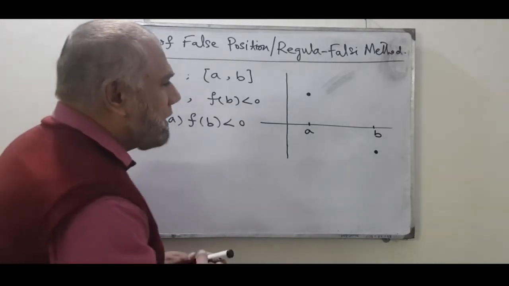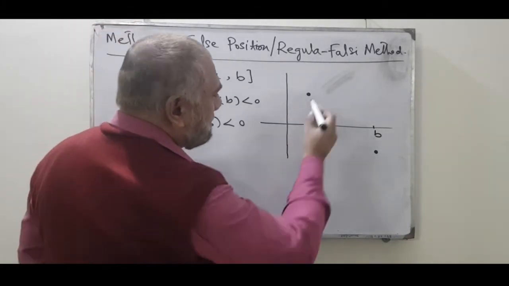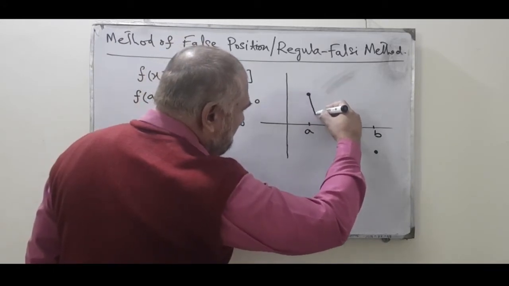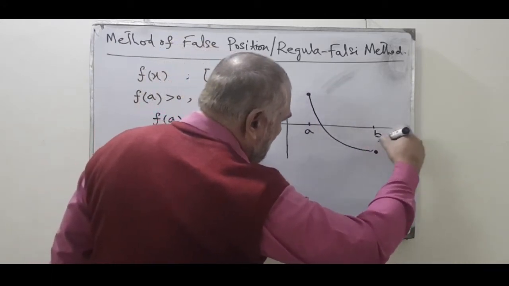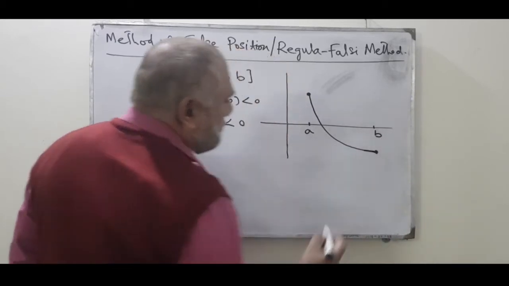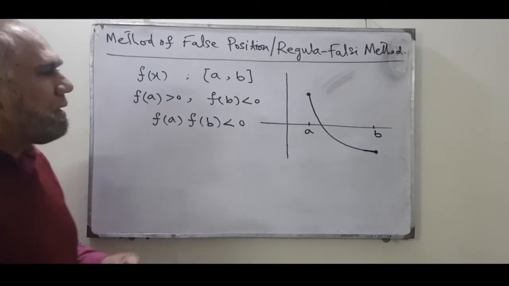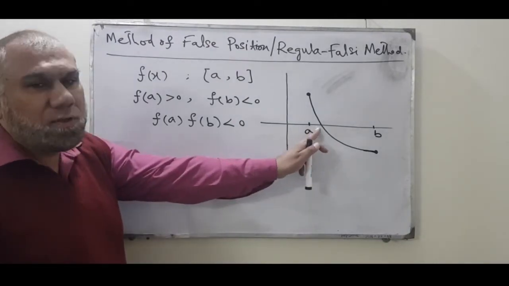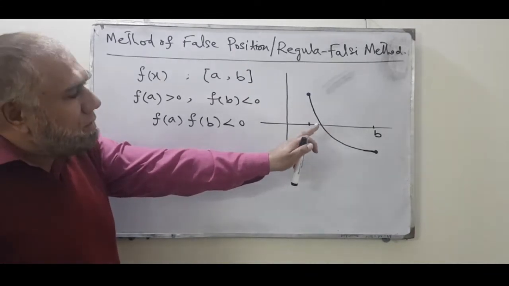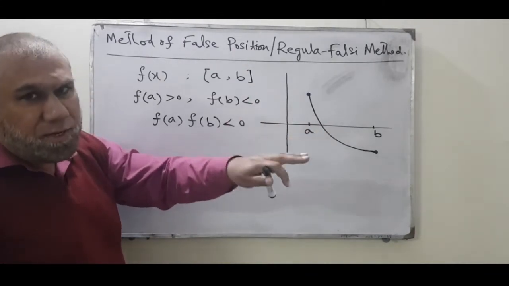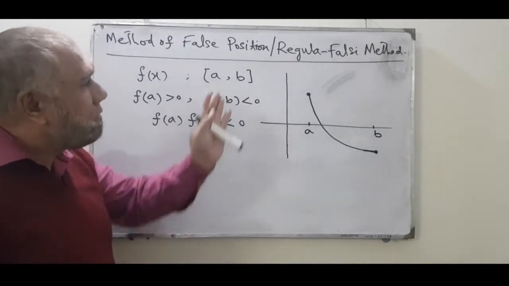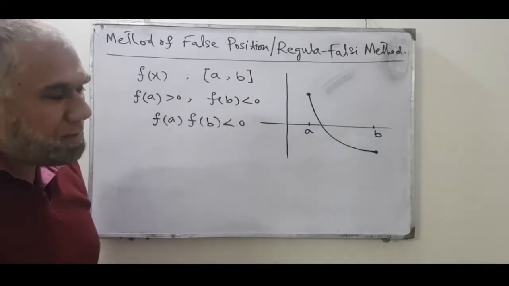Now we assume that the curve of the function which joins these 2 points looks like this. Here you can see the curve crosses the x-axis at this location, and this is basically the exact or actual root of the function, which we have to approximate by using this method of Regula-Falsi.